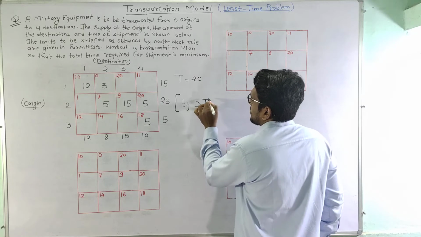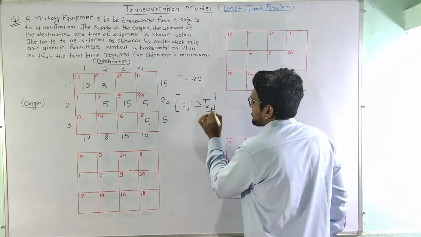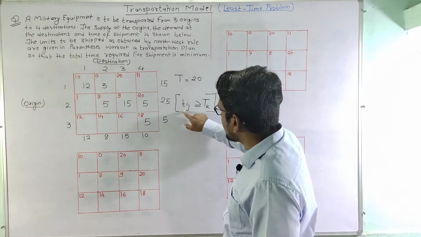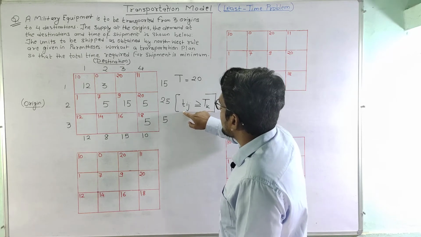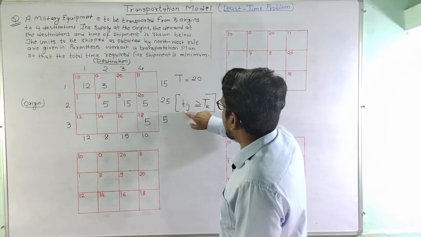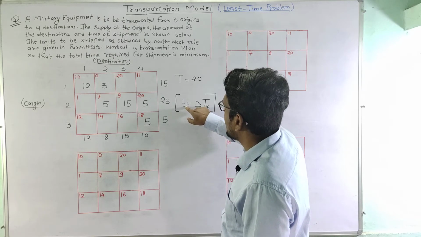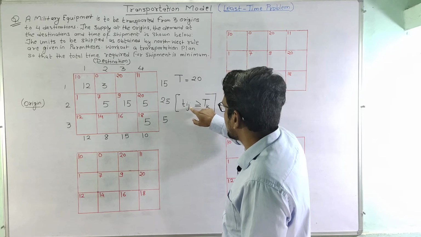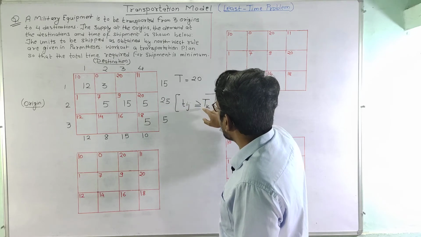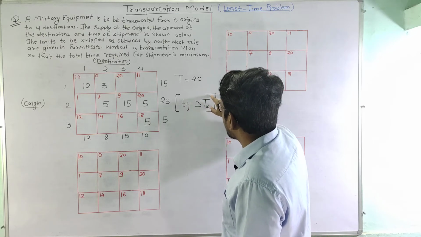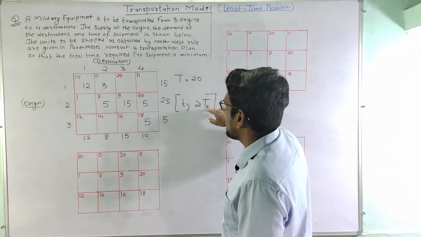Here Tij is the shipment time from source i to destination j, and Tk is the total transportation time for the kth matrix.